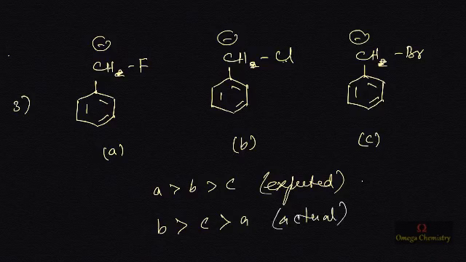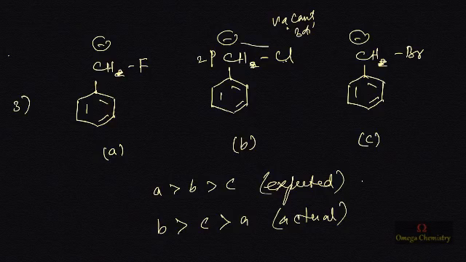Let us understand the reason. There is a negative charge present on the carbon in compound B, right? Here the negative charge is residing on a 2p orbital, and chlorine has vacant 3d orbitals. The negative charge on the 2p orbital of carbon can be donated into the vacant 3d orbitals of chlorine, and this kind of donation is called back donation or back bonding.